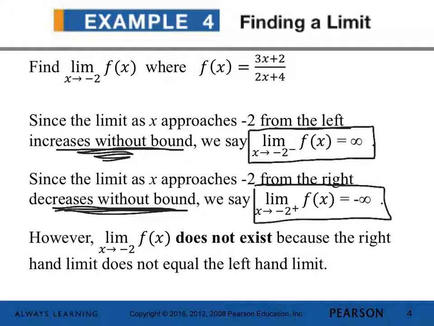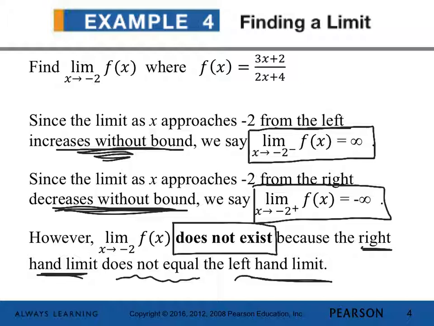Notice, however, that the limit as x approaches negative 2 of f of x itself does not exist because it violates one of the rules. And one of the rules is that the limit doesn't exist if the right-hand limit is not the same as, or does not equal, the left-hand limit.